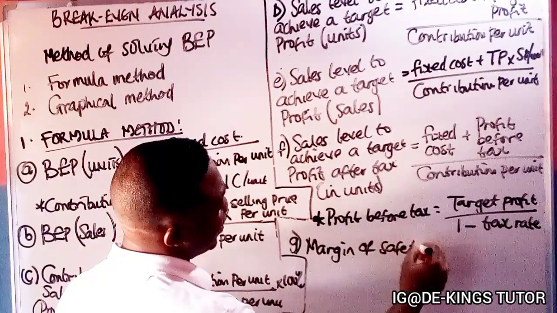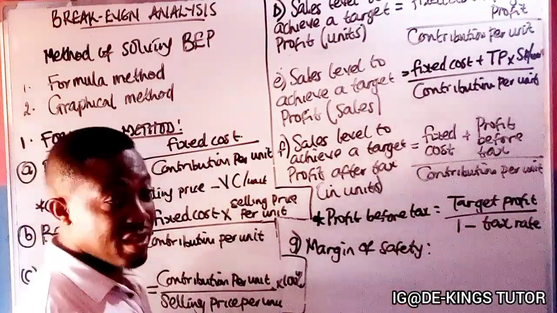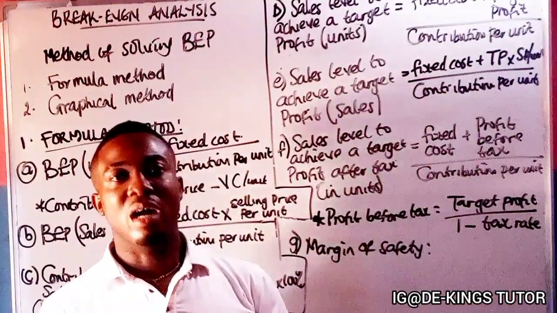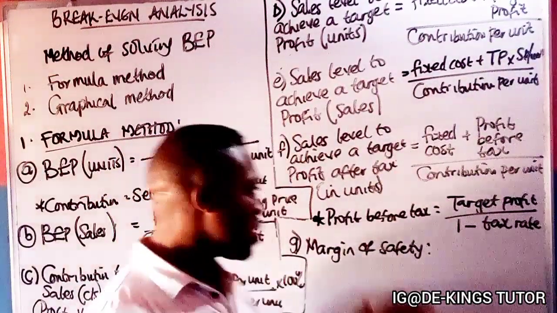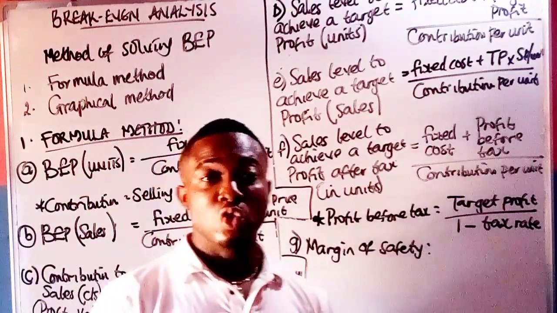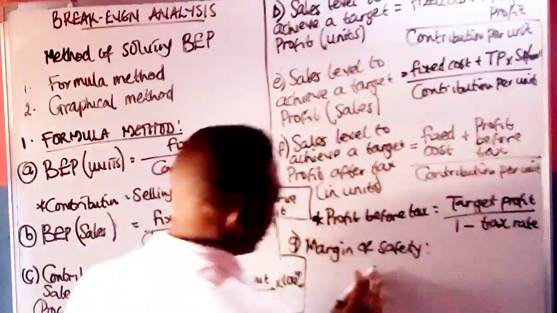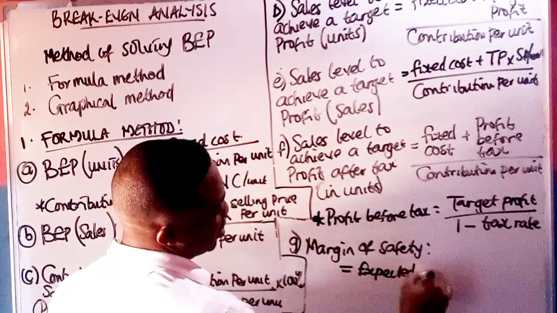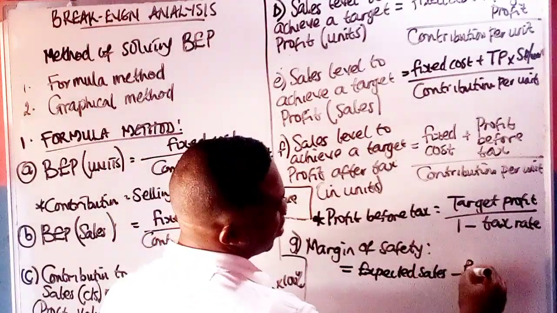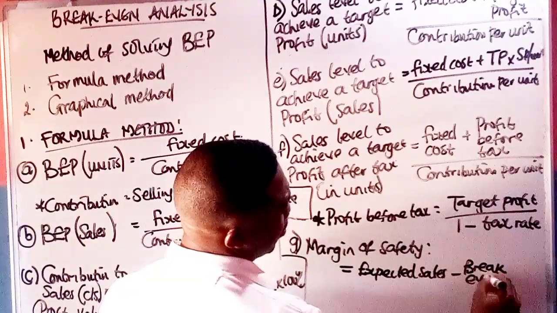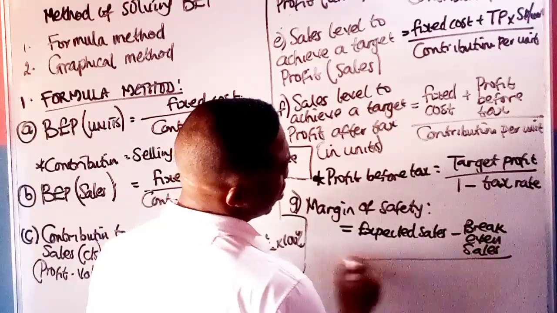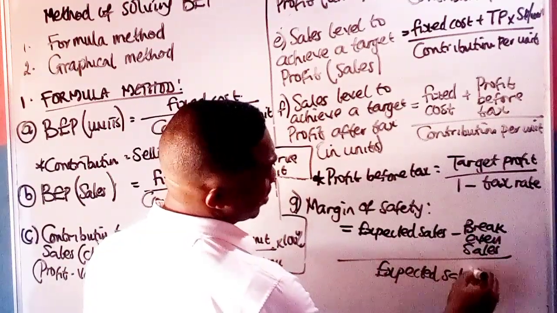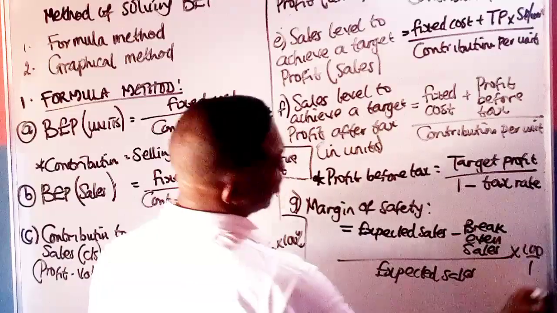Now there's what we call the margin of safety. The margin of safety is the difference between the budgeted sales and the break-even sales. Most times we express this in terms of percentage. So the margin of safety will be given as the expected sales minus break-even sales divided by the expected sales times 100 over 1.